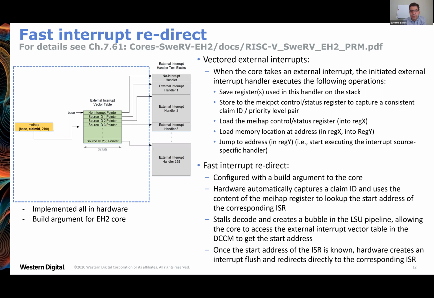RISC-V architecture has so-called vectored external interrupts, and when the core takes an external interrupt, it initiates a specific sequence of events that basically require us to save registers that are used in the handler, which is standard, storing to the MEICPCT control status register, to capture a consistent claim ID, which is standard. Load the MEIHAP control status register, load the memory location, and finally jump to the address to start executing the interrupt source-specific handler.